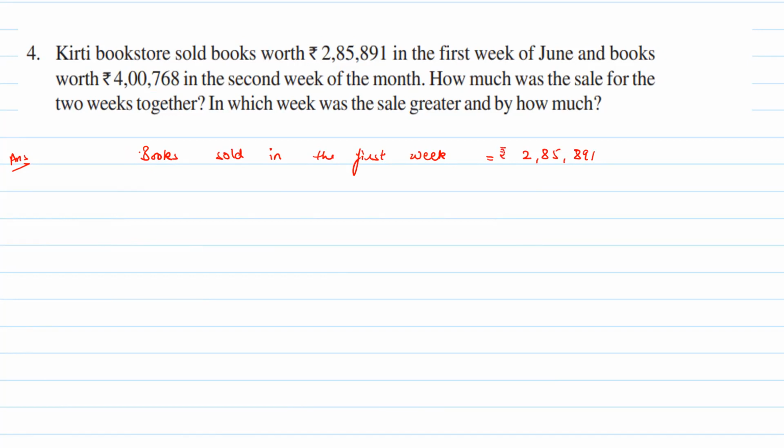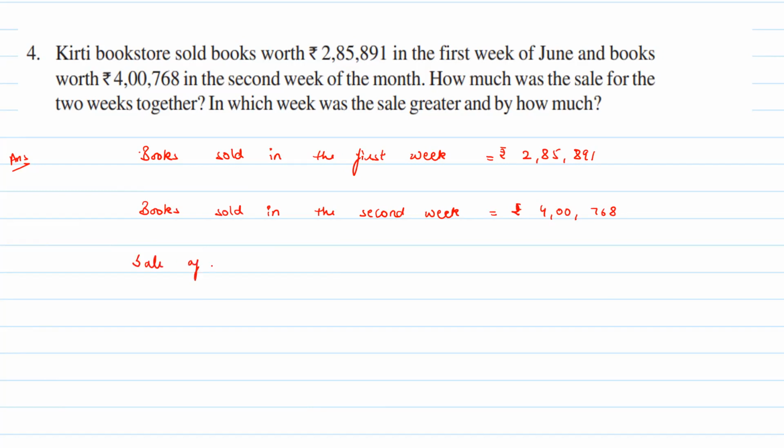This is the amount worth. Books sold in the second week, it is rupees 4,768,000. So it is asking how much was the sale for 2 weeks together.